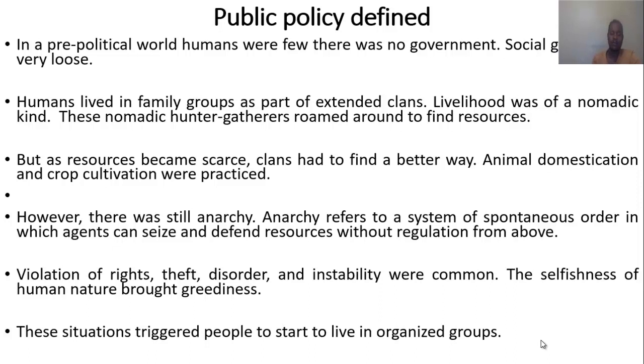Anarchy was the salient characteristic of the society in the ancient times, and it means that there is no authority from above. There is no rule from above. There are voluntary cooperations that seize resources and defend their resources without regulation from above.